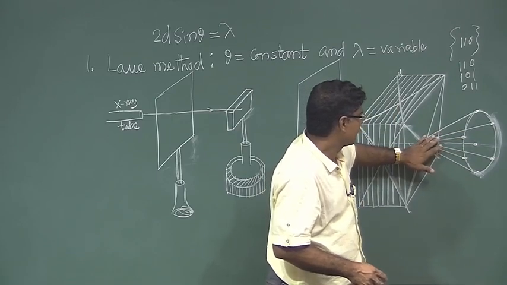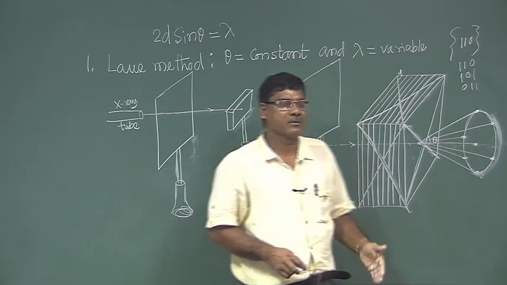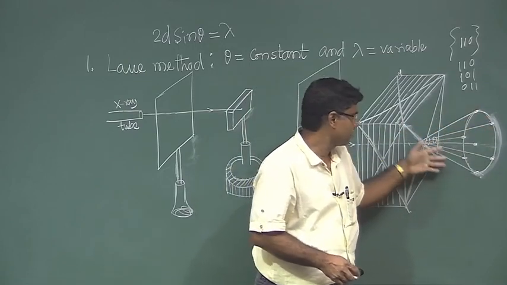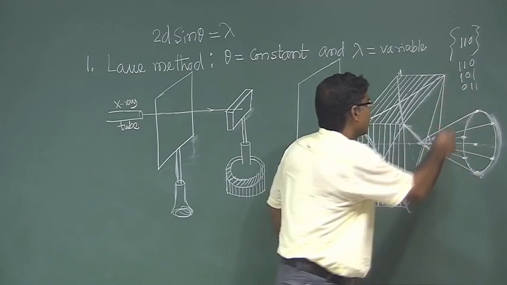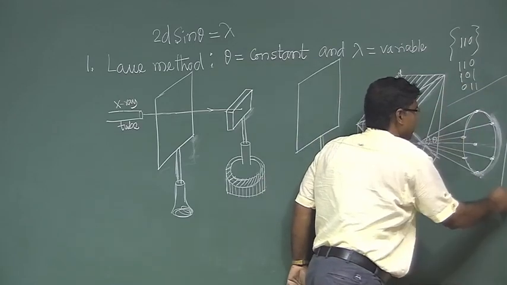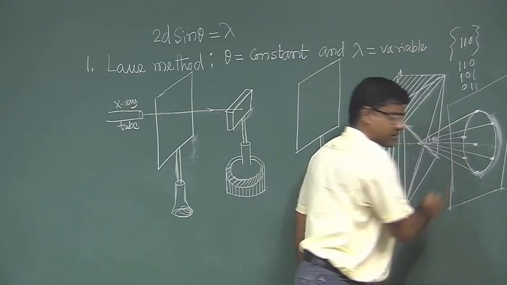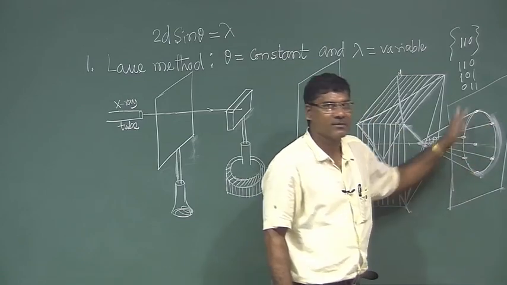So it will form a cone. On the surface of the cone, these diffracted rays will be there, and if you put here your photographic plate, X-ray plate, on this you will get this type of pattern.